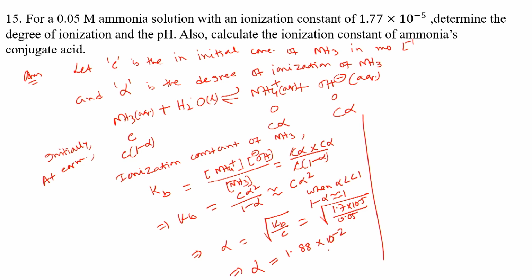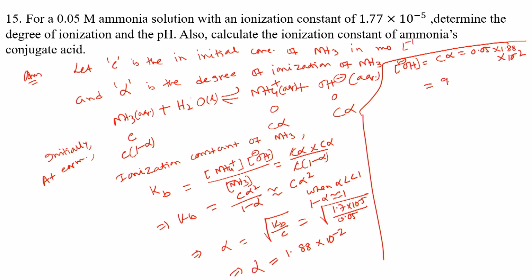Then we need to calculate the pH. The concentration of OH minus is C times alpha, which is 0.05 times 1.88 times 10 to the minus 2. So this is the value of C alpha, or the concentration of OH minus.